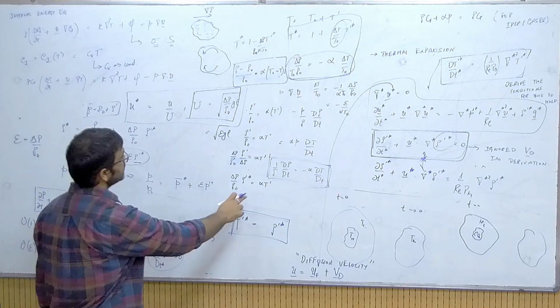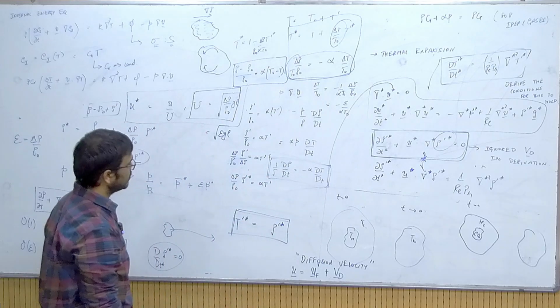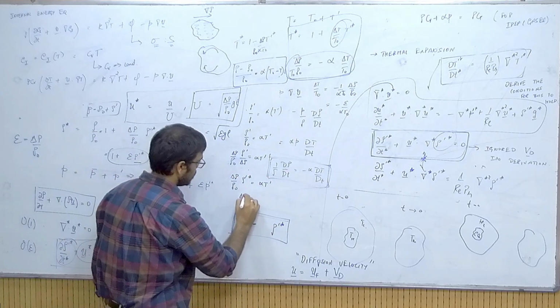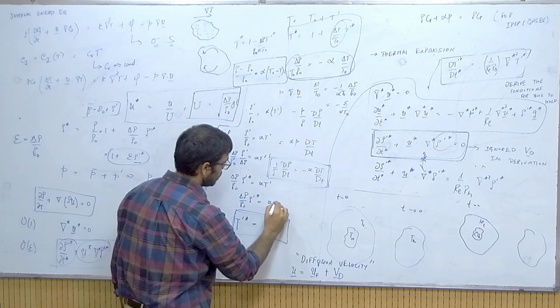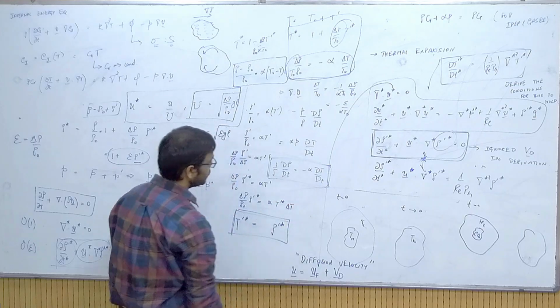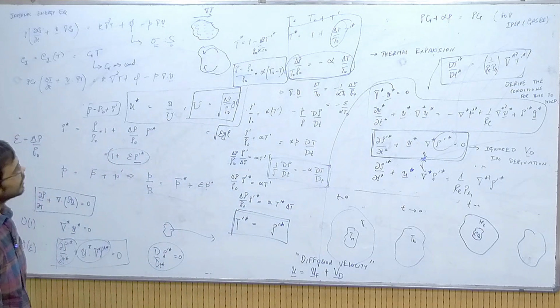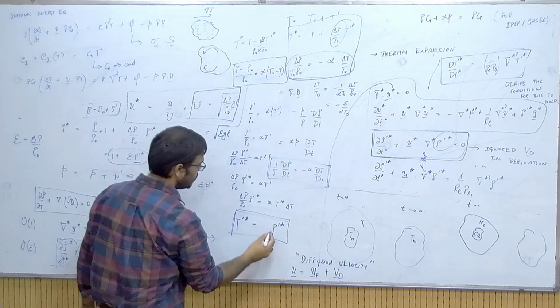So, what is T prime? How can we write T prime in terms of T prime star? Substitute this relation here. There will be a minus here.